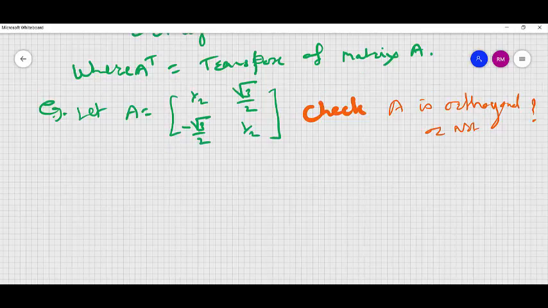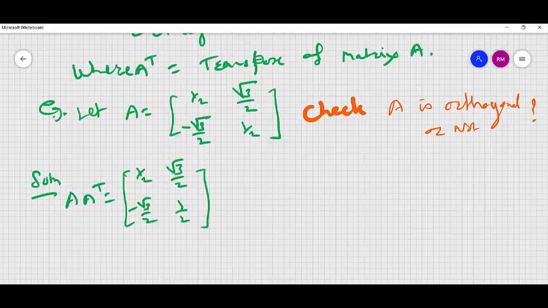So solution: A into A transpose, or we can say A dash also. 1 by 2, root 3 by 2, minus root 3 by 2, 1 by 2.